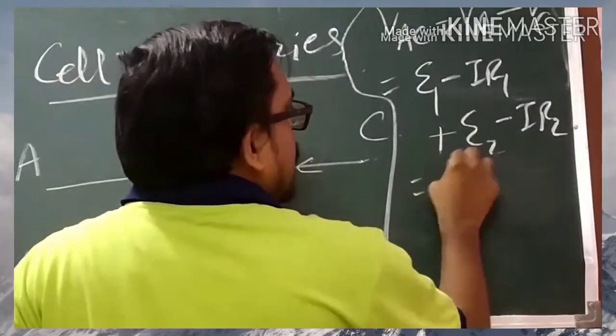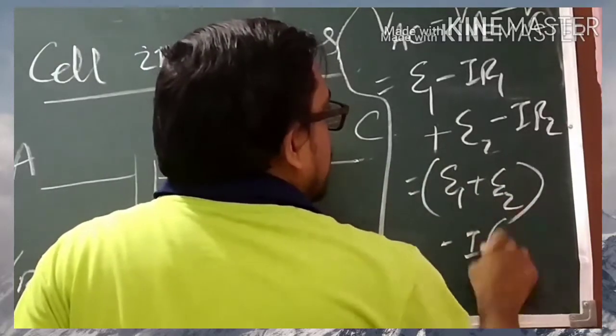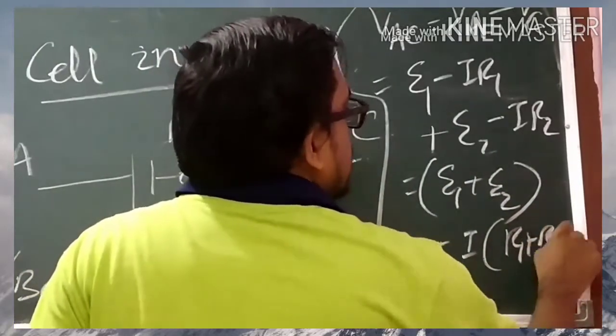This will be equal to E1 plus E2 minus I common, R1 plus R2.